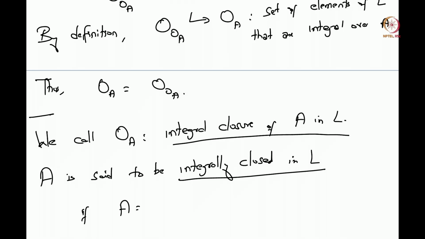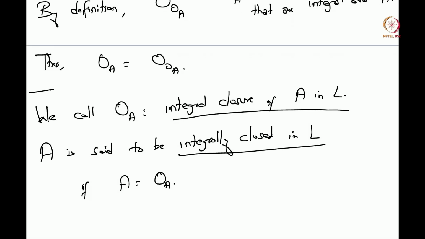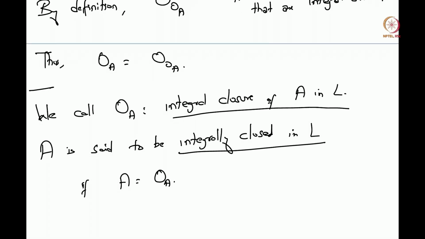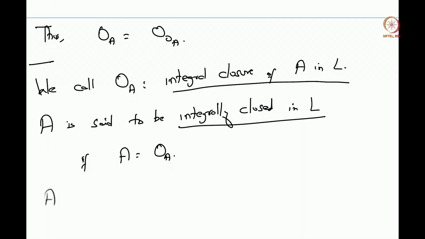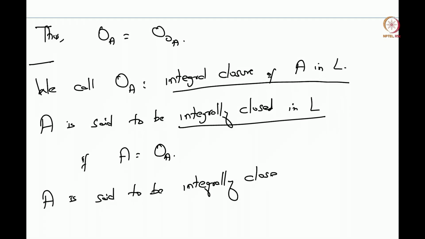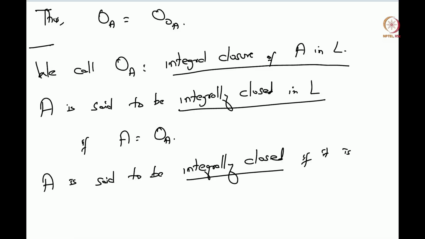So you take A and you compute O_A. If A equals O_A, then we say that A is integrally closed in L. And if you have a domain, we say that the domain is integrally closed if it is integrally closed in its fraction field.